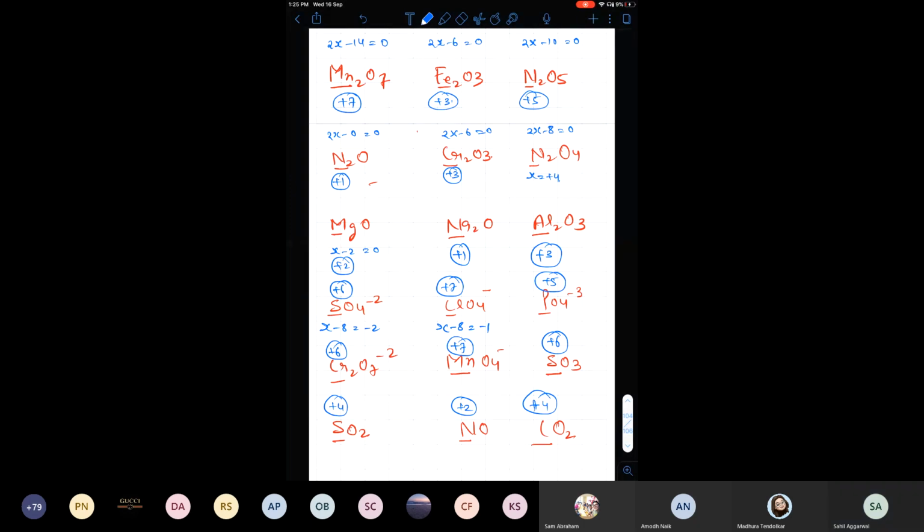यश +10 किसका है भाई, +9, +11, तुम क्या कर रहे हो यार. Oxidation state can never be greater than +8, that too only for 2 elements. तुमने कुछ ना कुछ तो अलग किया है. यार ये हो ही नहीं सकता ना.